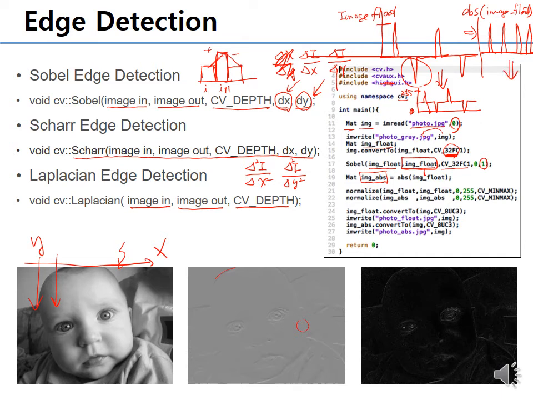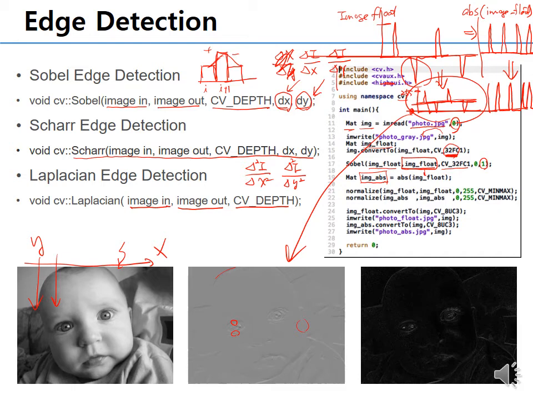But when we normalize the absolute image float, the range is 0 to 255. So this normalized image is here. Many pixels are gray, the positive pixels are bright, and the negative pixels, the edges, are dark.